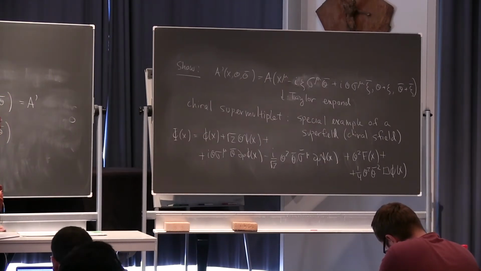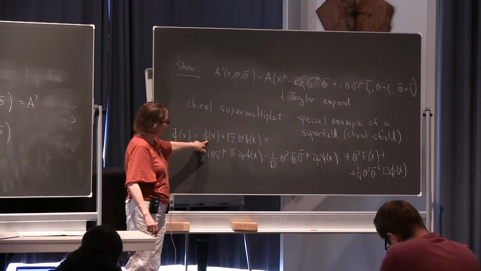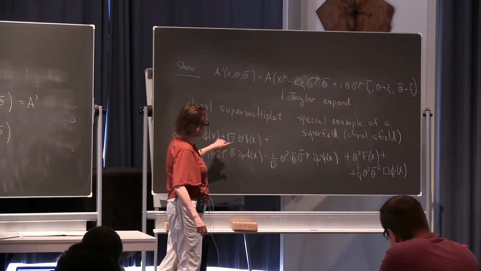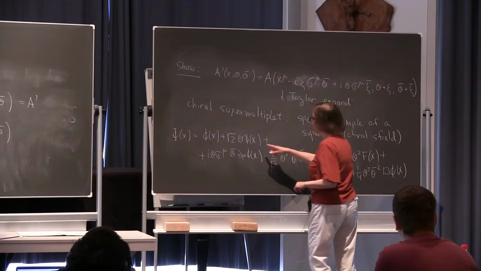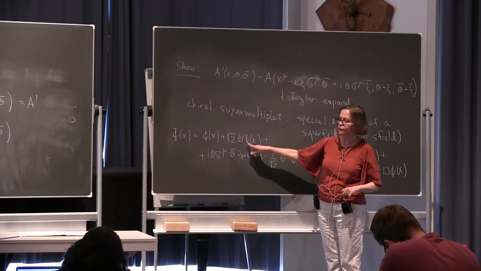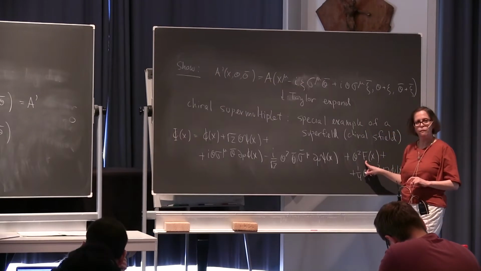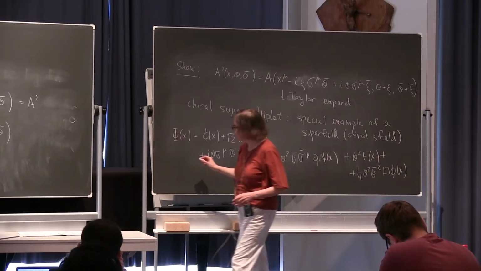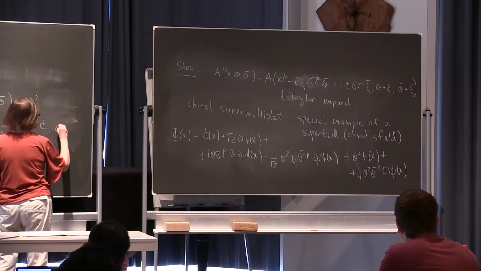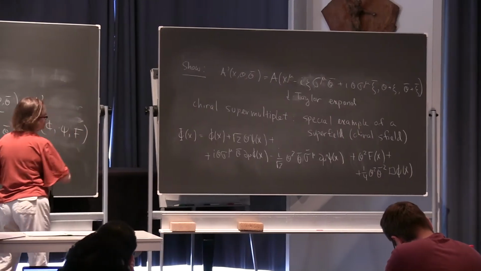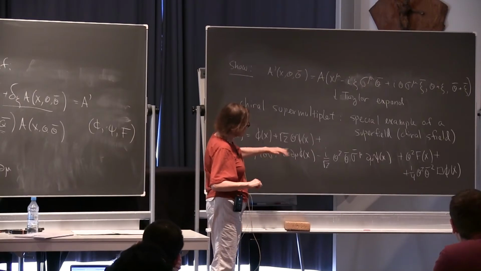So it's very long, but it contains just the fields that we had before. It contains phi, the scalar field, the fermion psi of x, which is just the left-handed fermion. You see there's no dagger on it, and it comes with a theta, and F. So it's exactly the fields that we said that we have before, phi, psi, and F, and they appear in different combinations here.